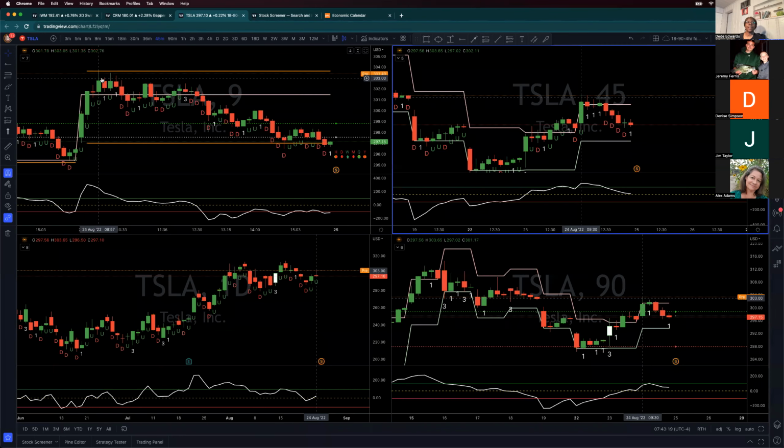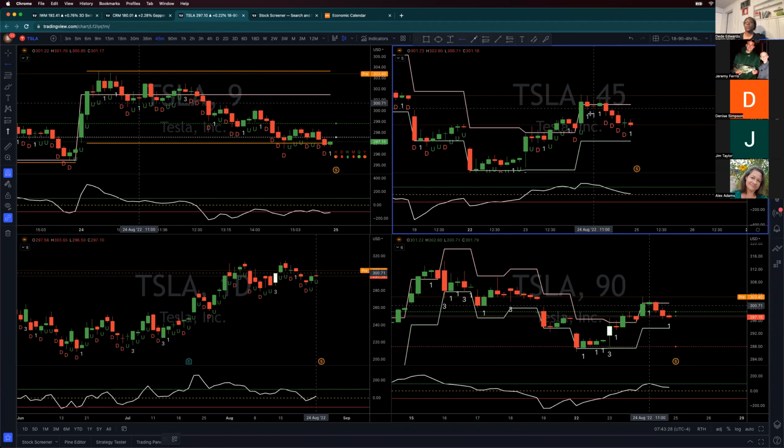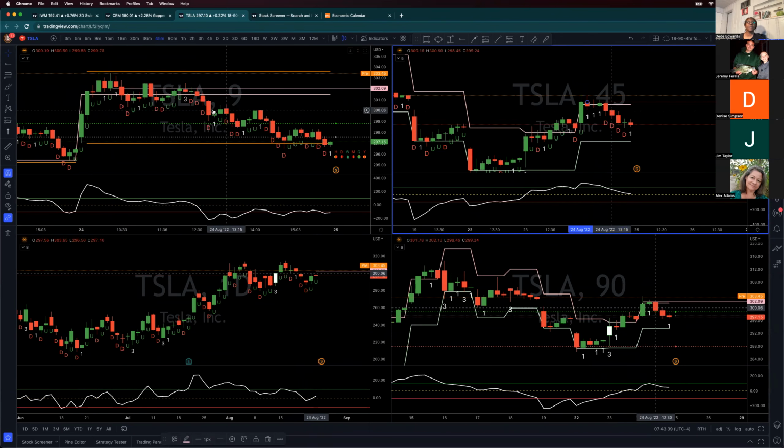So if you had taken that right there, it failed and comes right back in. Again, here's your opening range. I'm going to put that right here, right? And it came right back, open right there. That's closed.